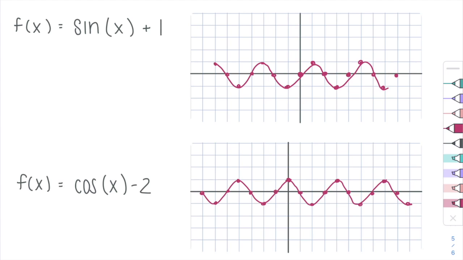And I'm going to take my sine graph, and this is telling me that I'm going to move up 1. So I'm physically going to take every single point and move them up 1. So I'm going to take this point, move it up 1. Take this point, move it up 1.